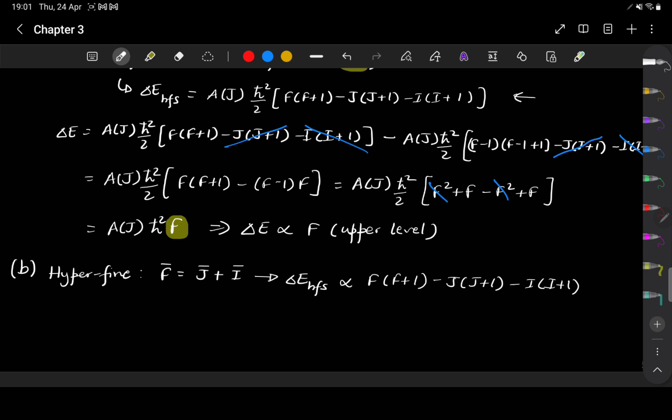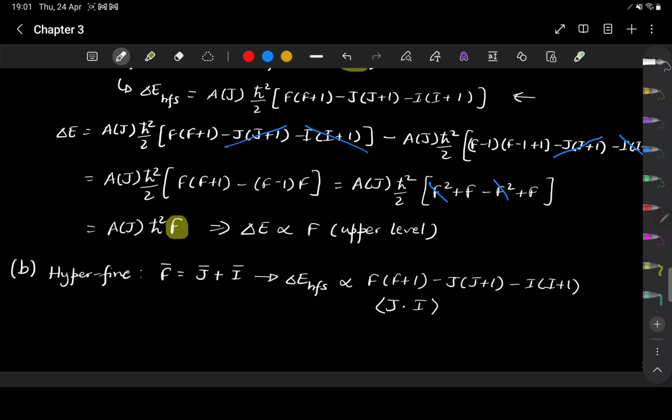And this comes from finding the J dot I term. If you find this J dot I and take the ensemble average of that, you get what we just wrote.